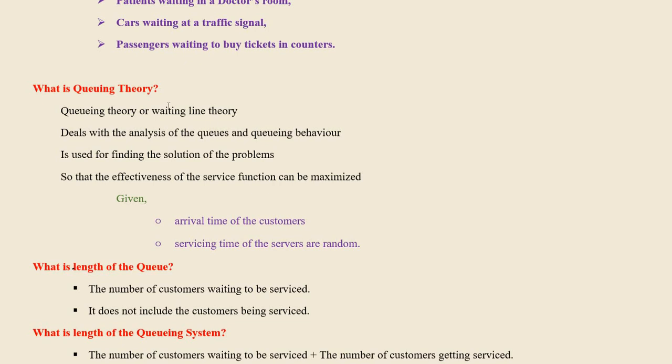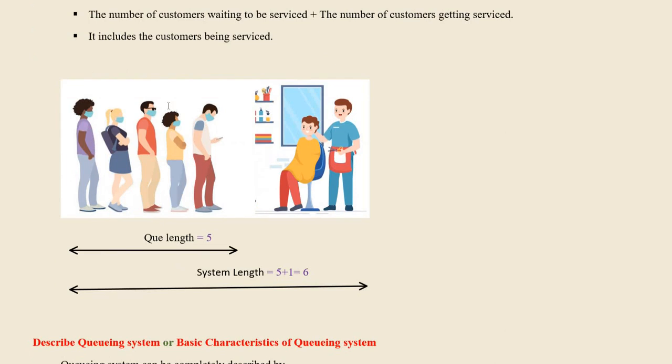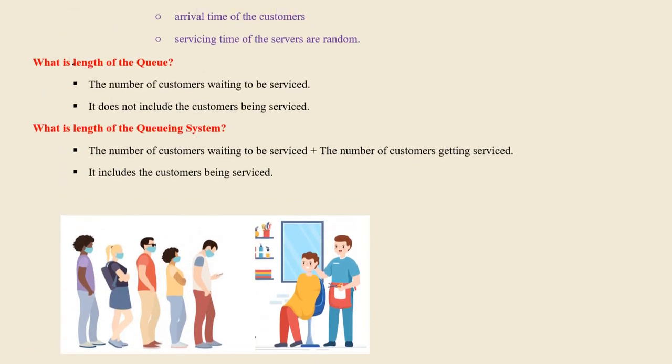What is the length of the queue and what is the length of the queuing system? Before going into that, just look at the picture on the screen. The picture must represent a barber shop.